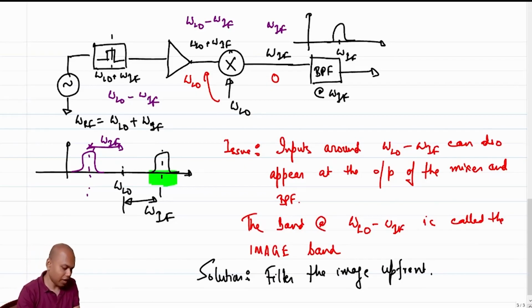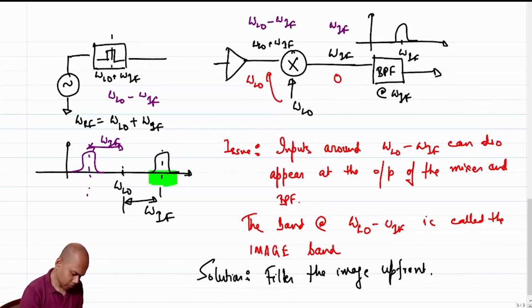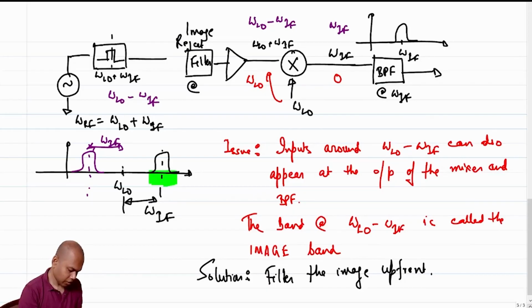So often you will have to put a separate image reject filter at omega LO plus omega IF, that is, centered at omega LO plus omega IF, and this image reject filter sits on the chip.